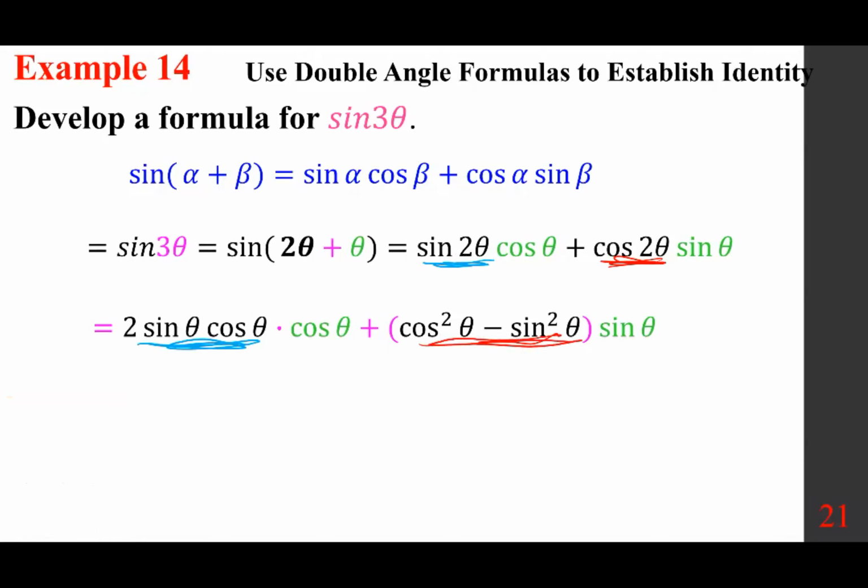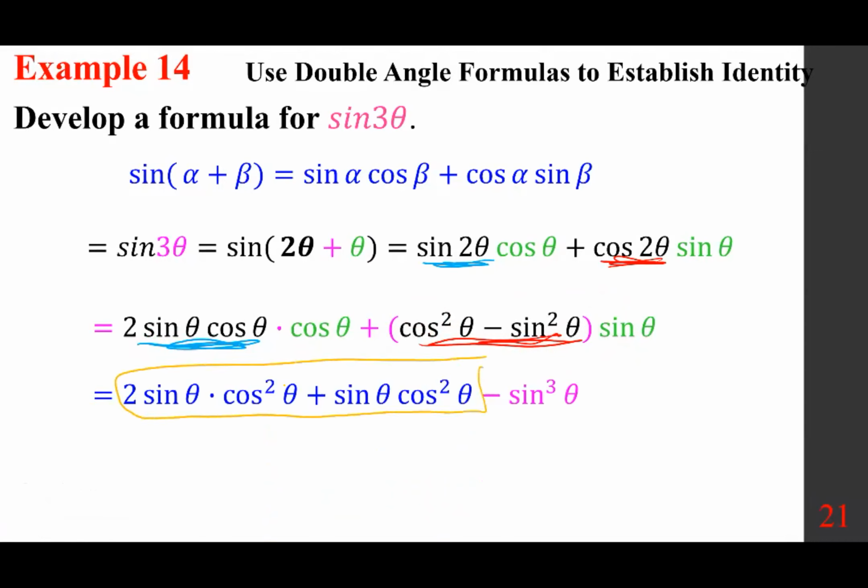So this is 2 sine theta cosine squared theta. This is plus sine theta cosine squared theta minus sine cubed theta. Add up to 3 sine theta cosine squared theta minus sine cubed theta.